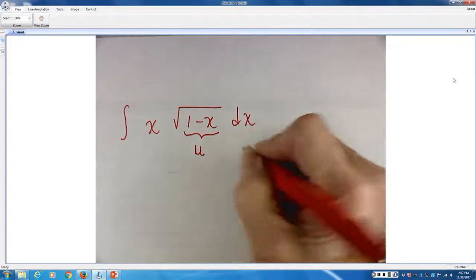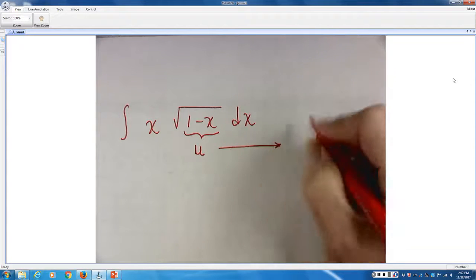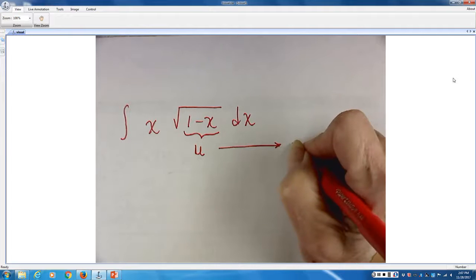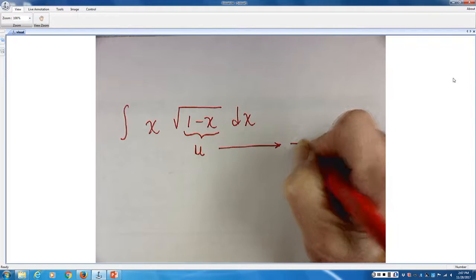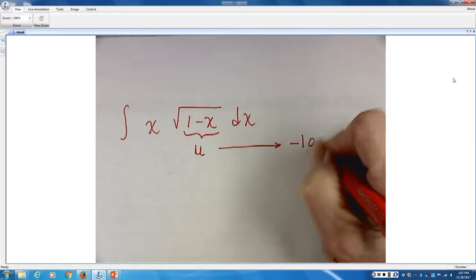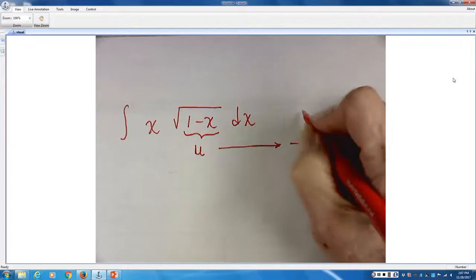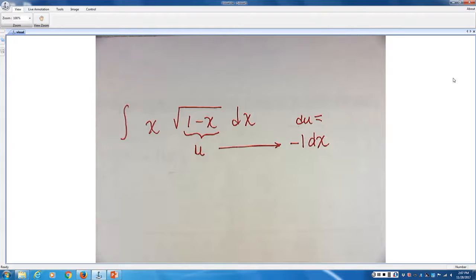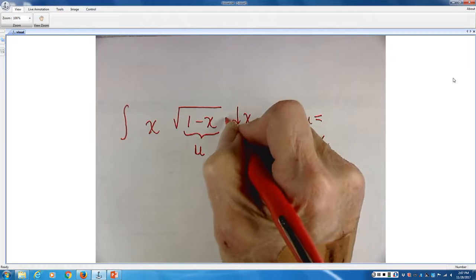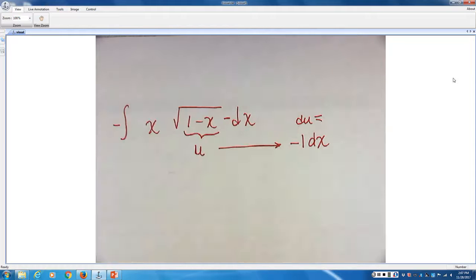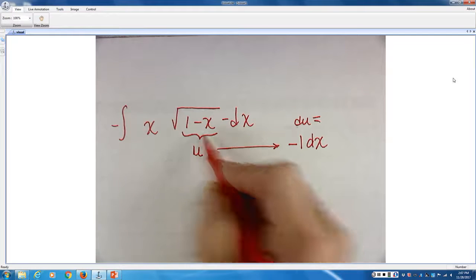Then du is minus 1 dx. And clearly we can put a minus in here and a minus out here and we can have that. That's not a problem. But then the question is, if this is u, what the heck is that?